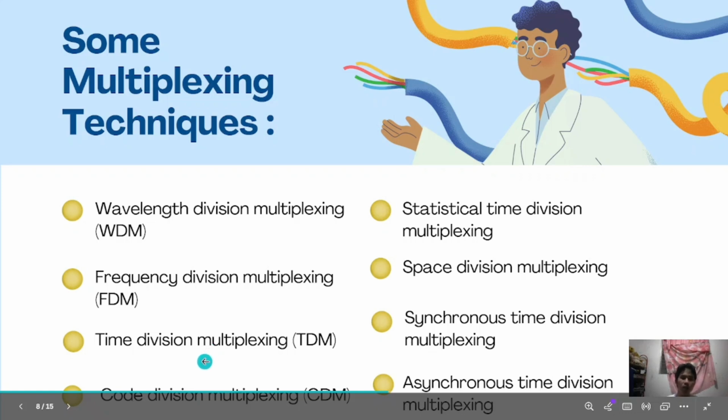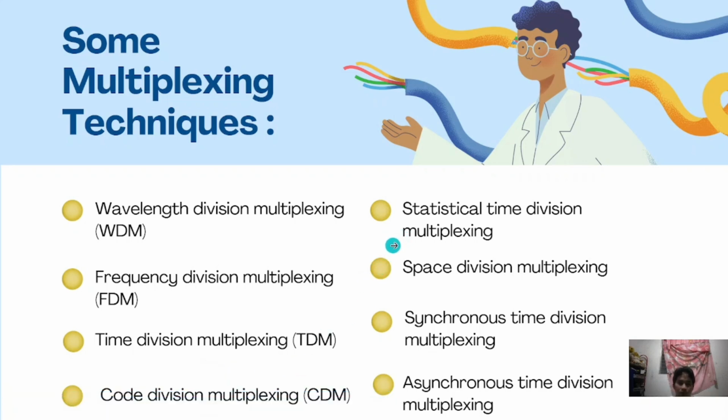Code division multiplexing, or CDM, uses a unique chip code generated by a pseudo-random sequence generator to encode the signal. Then the statistical time division multiplexing creates a data packet of only those devices that have something to transmit.